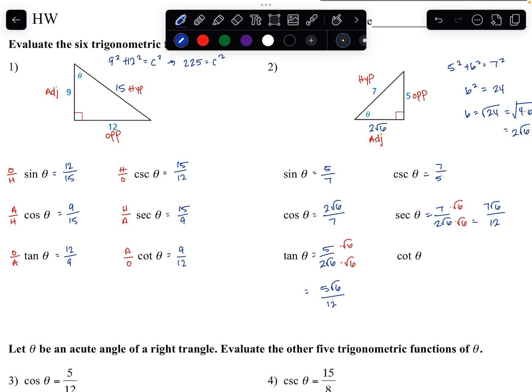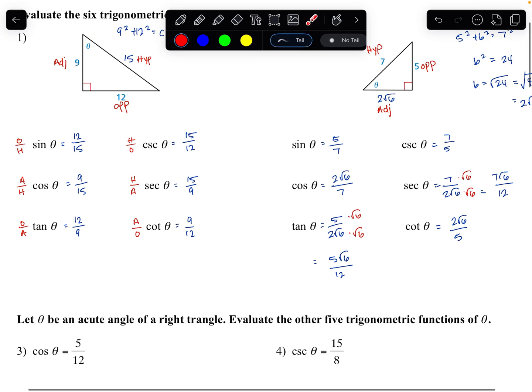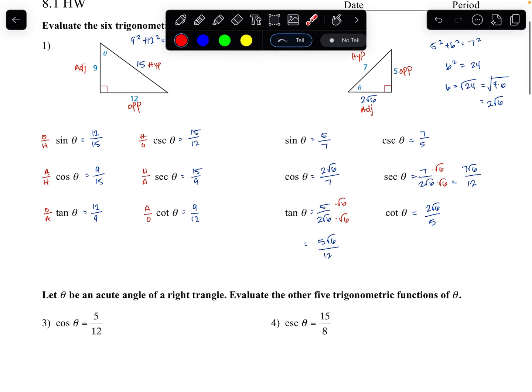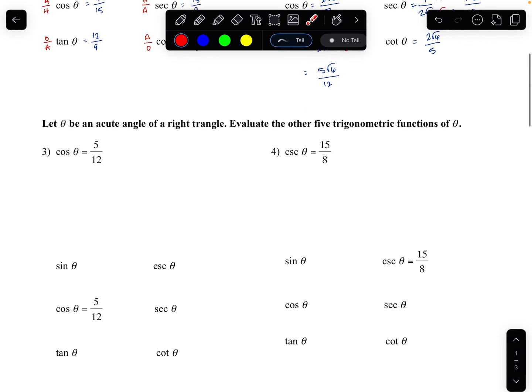And cotangent is going to be equal to 2 root 6 over 5. So I'm just using the reciprocal of this one, because they're both equivalent, but if I use the reciprocal of this equivalent form, then I don't have to rationalize the denominator. So, yeah, I think that should be it for that.